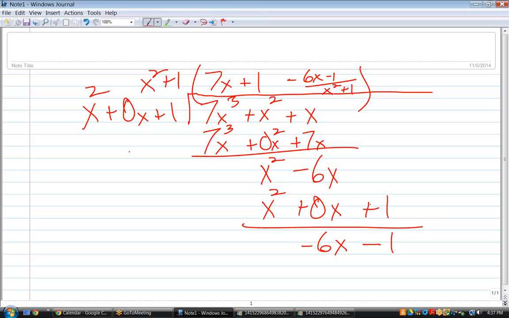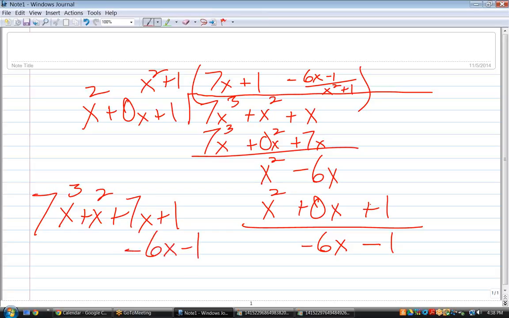Notice what we get. We get 7x cubed plus x squared plus 7x plus 1, and then you have to multiply the x squared plus 1 times this whole thing, so you end up with minus 6x minus 1. Cancel everything out and you get what we started with. So that verifies that we did it correctly.